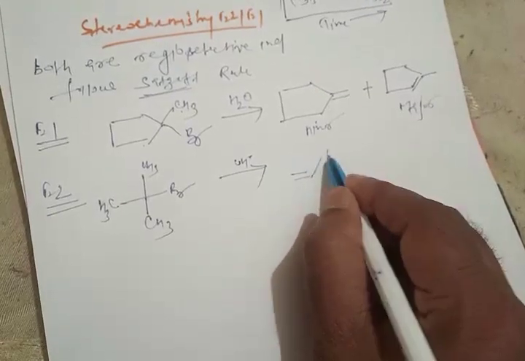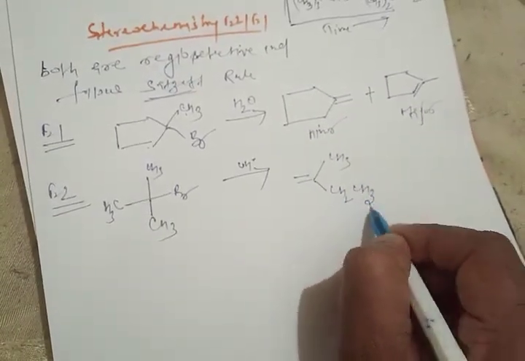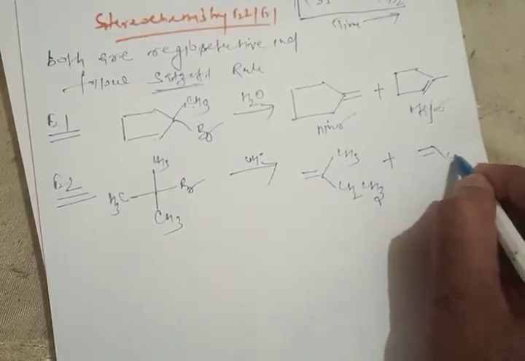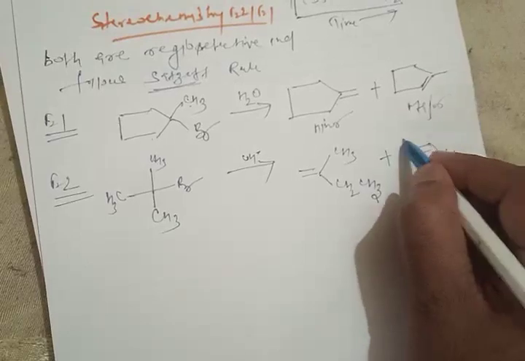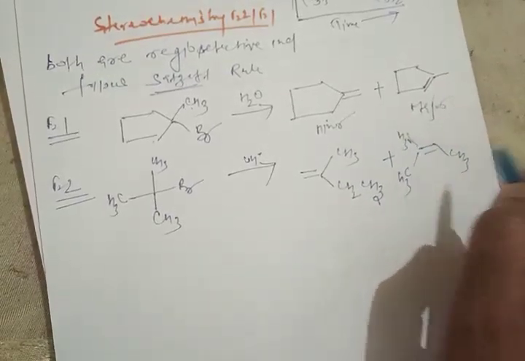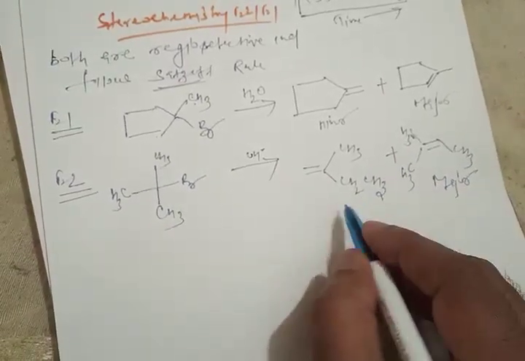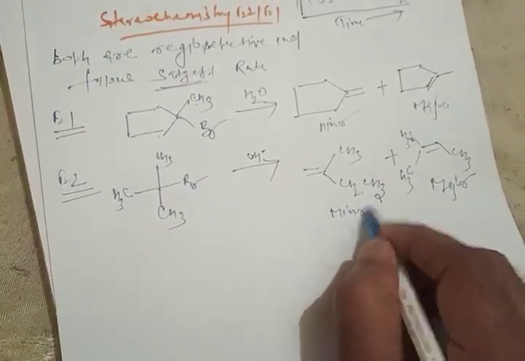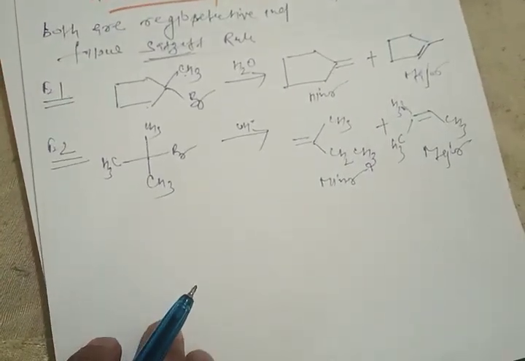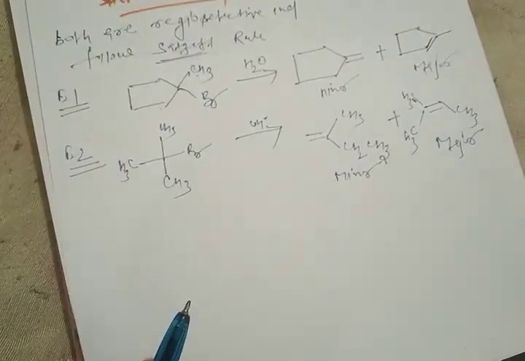Double bond, CH3 CH2 CH3, and here CH3, CH3, CH3. Again this is the major and this one is the minor. So this is the stereochemistry.